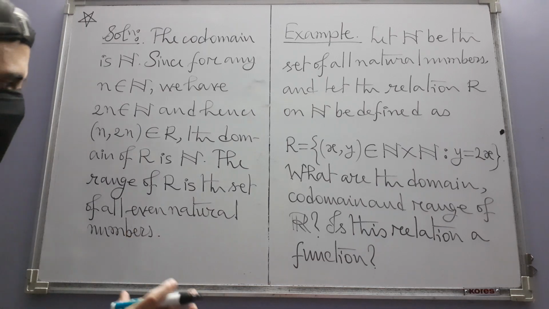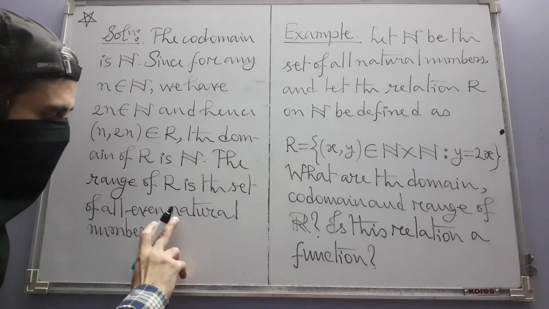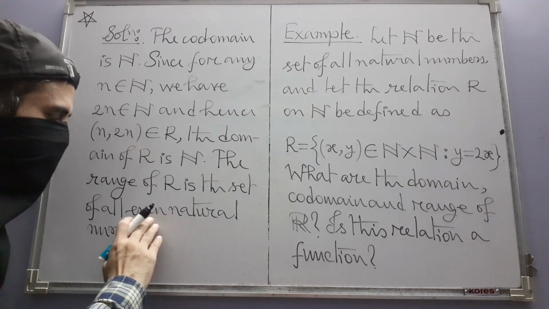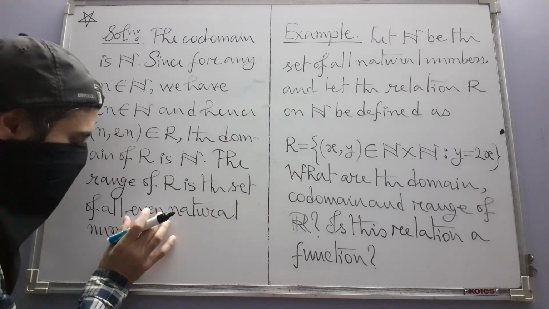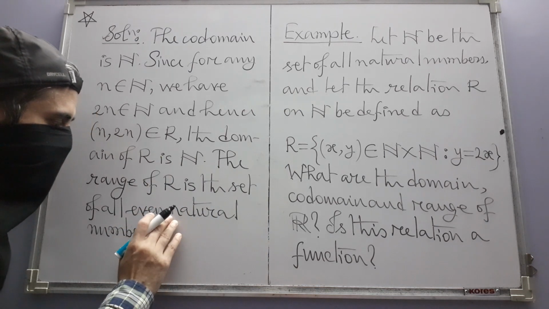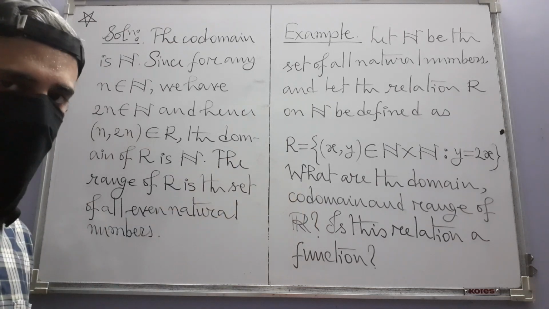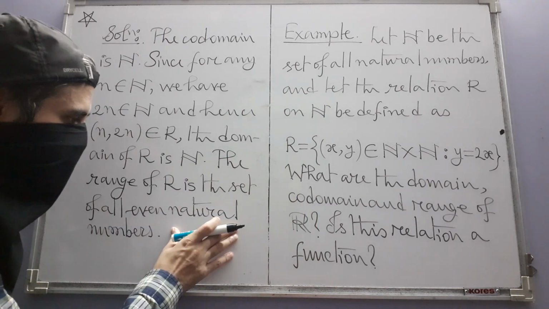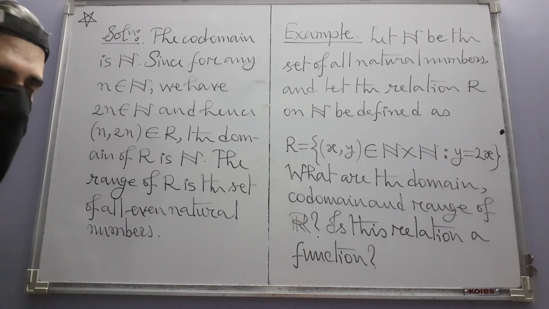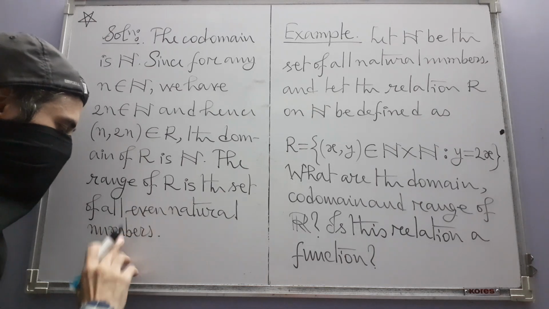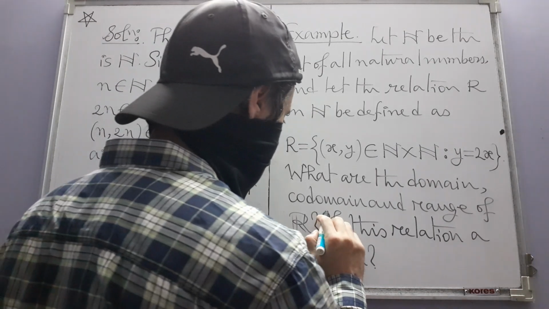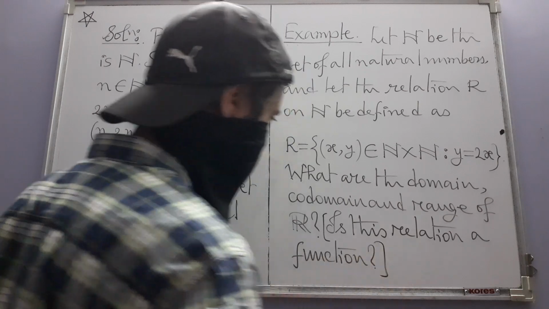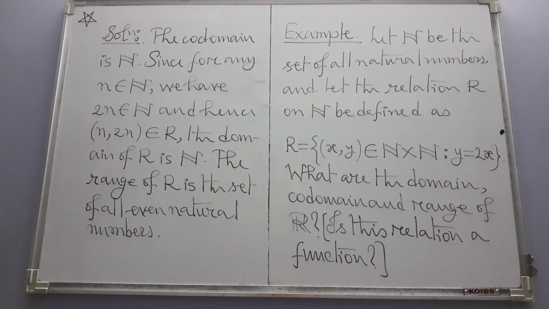If you have a habit of simply writing integers here, whenever you see even or odd, you have a habit of writing integer after that, then that will be wrong, because integers can be negative as well. So even natural numbers. But the most important question is this: is this relation a function?